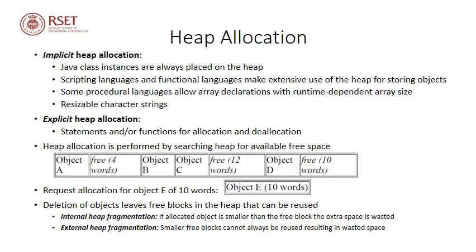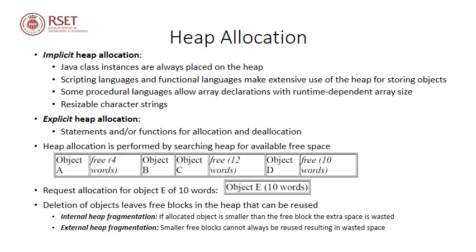Suppose we receive a request for allocation of an object which will take 10 words. Since we already have a block of 10 free words, it will be readily allocated to that block. Suppose this free 10 words block was not there, and all that we had was the free 4 words and free 12 words blocks.